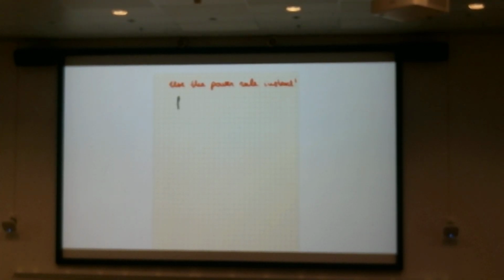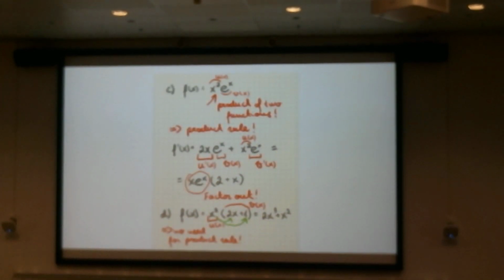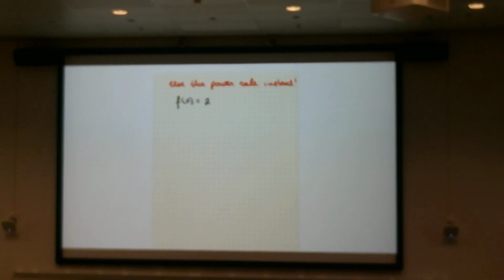So we have f of x equals 2x to the power of 3 plus x squared. Because it's a function given by the sum of two other functions, we can use the fact that the derivative of a sum is the sum of derivatives.